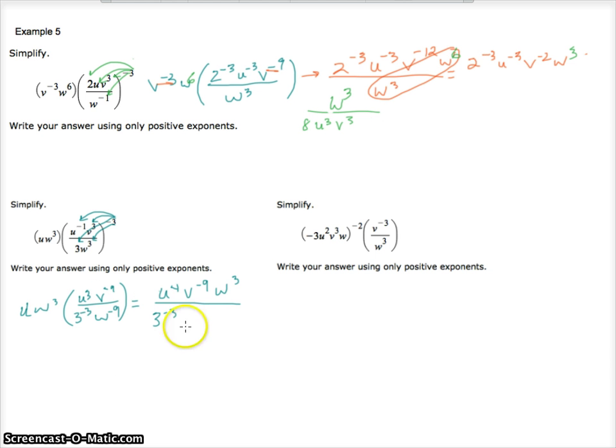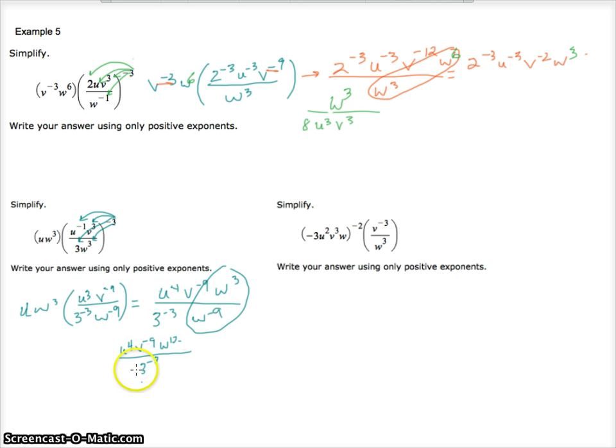I have w to the -9 here. 3 minus -9 gives me w to the 12, so I'm actually going to have u to the 4th, v to the -9, w to the 12, over 3 to the -3.